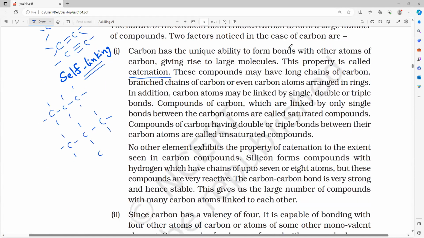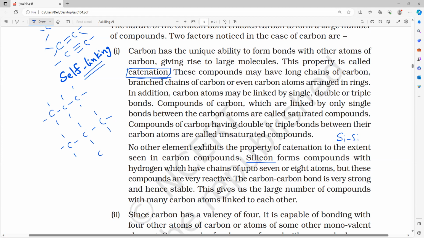First property is catenation. Catenation is the most important. Also we can call it self-linking, or self-combination. No other element does this like carbon, but there is another element which can, that is the Si bond, the silicon bond.